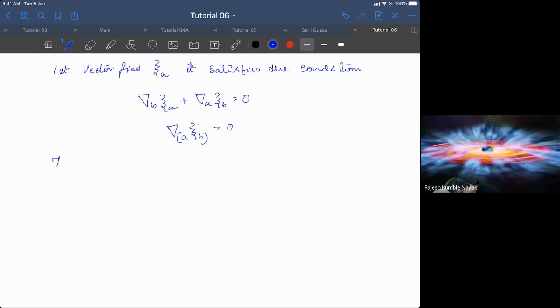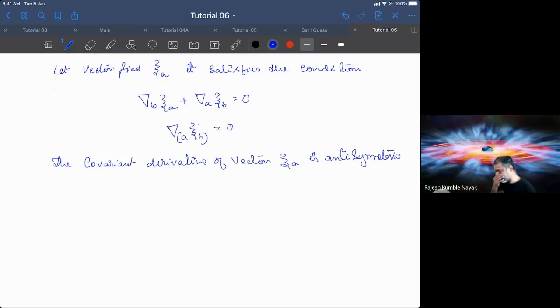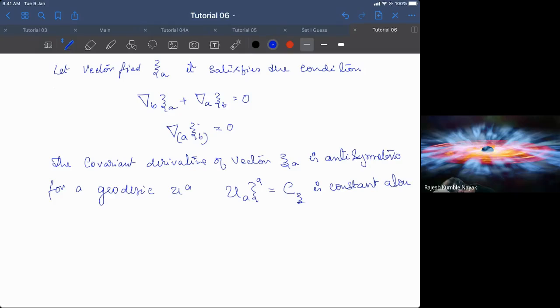In words, the covariant derivative of the vector xi a is anti-symmetric. Then for a geodesic, U^A xi_a is equal to C, xi is constant along the geodesic.